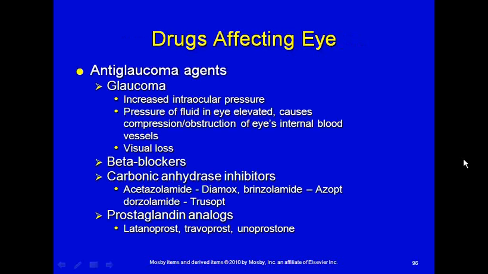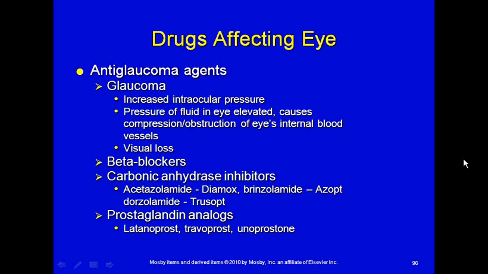Drugs affecting the eyes and ears, you got anti-glaucoma agents. We know that glaucoma is a medical condition where you have increased intraocular pressure. The pressure in the fluid in the eye becomes elevated, which causes an obstruction of the eye's internal blood vessels. Not only is there a loss of vision, but it's also painful.